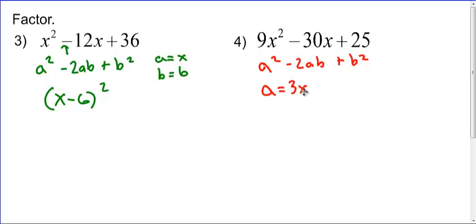That's because 3x times 3x would be 9x squared. B would be the square root of 25, or 5, because 5 times 5 is 25. And we've got it, (3x - 5) quantity squared. It's beautiful what you can do when you figure out these patterns and how quickly they work.